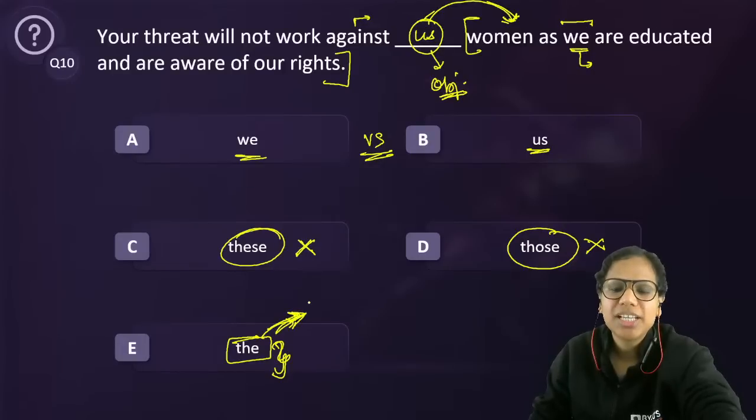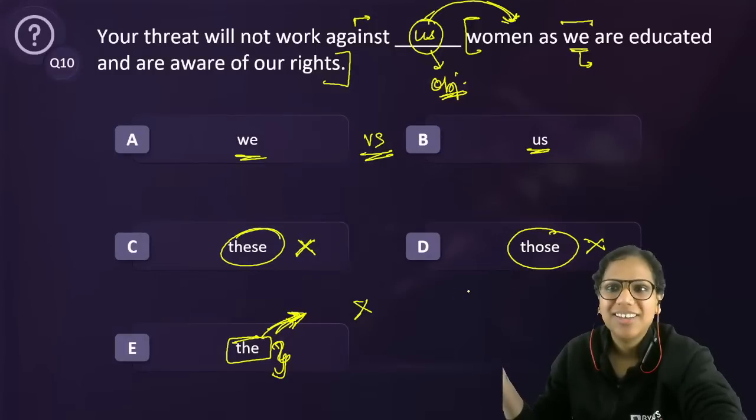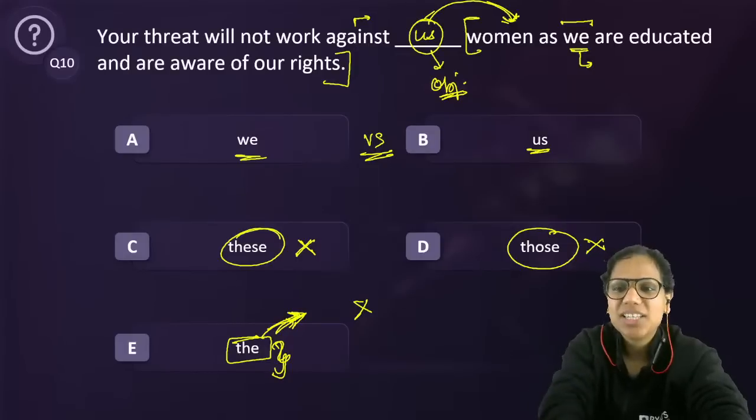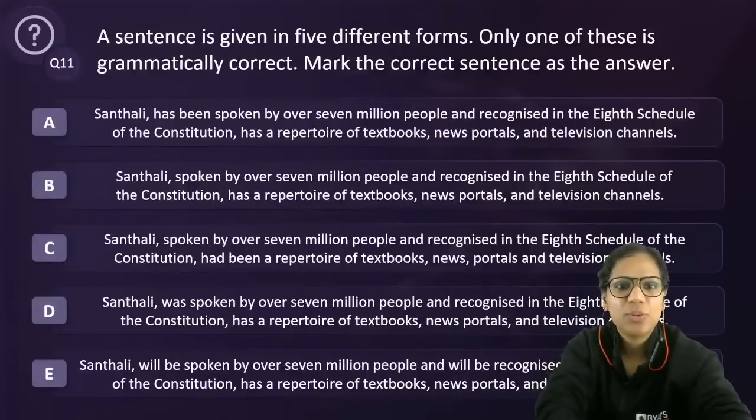There is no context that I'm talking about some specific women here. When I refer to women in general, I don't need the. And moreover, the moment you say the, you are treating them as someone else, right? So, us women. Okay, perfect hai.